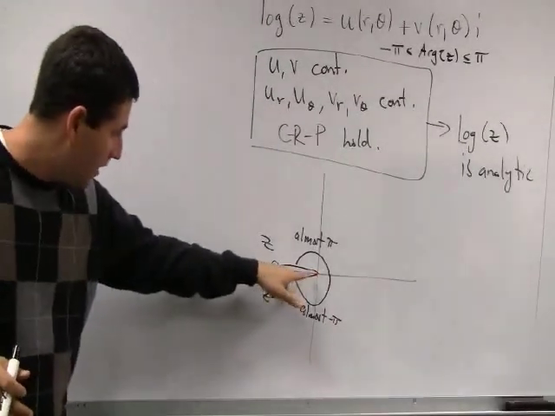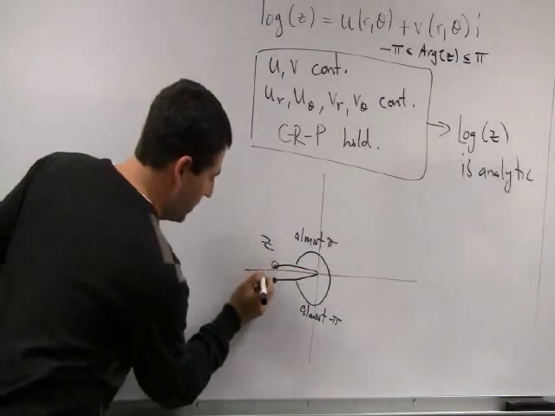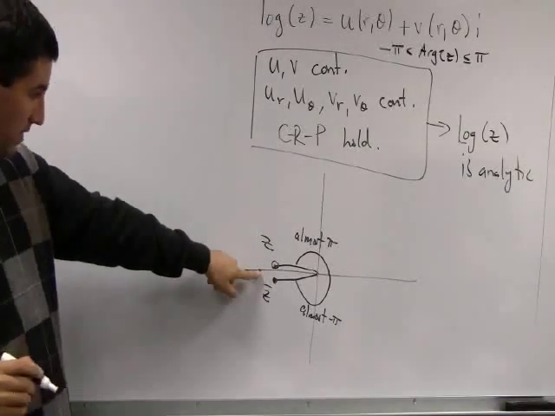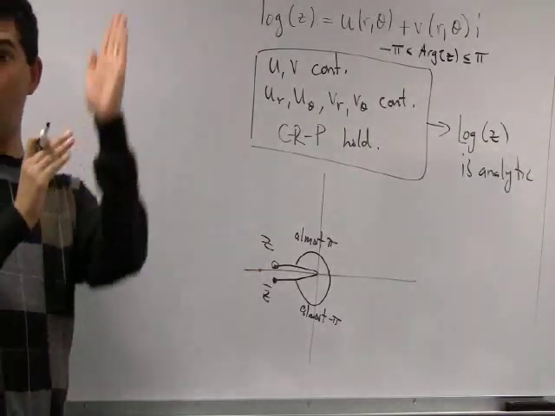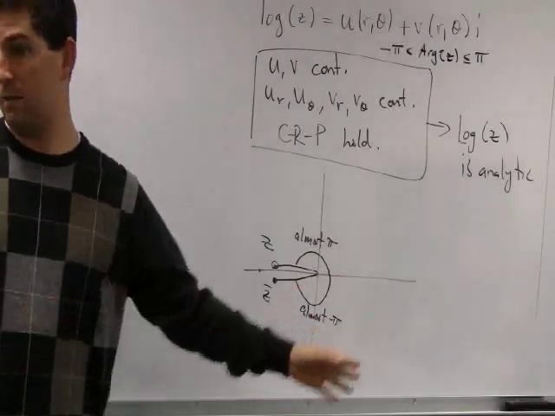But on this line over here, the negative real axis, all those points, if they go up a little bit, the argument for these points is pi on the button. If they go up, it's a little less than pi. If they go down, boom, they're negative, way, way away from pi.